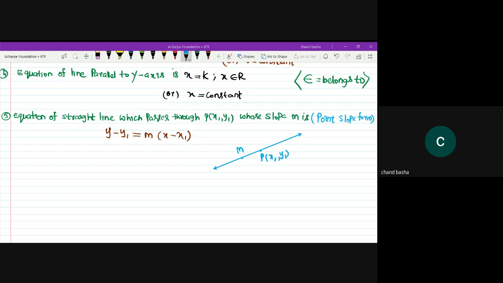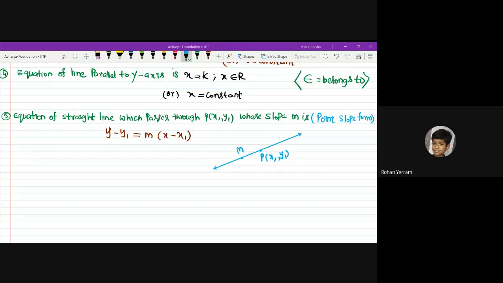Sir, what are x and y here? X axis and y axis? No, x and y are the variables. Constants are x1, y1. You can take x and y as the axes also.